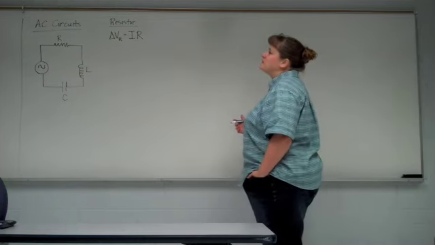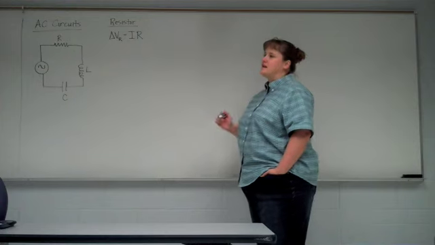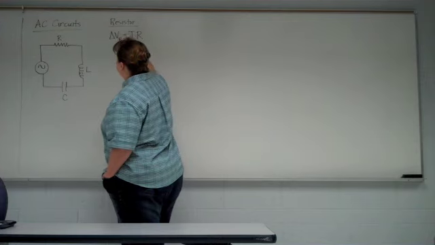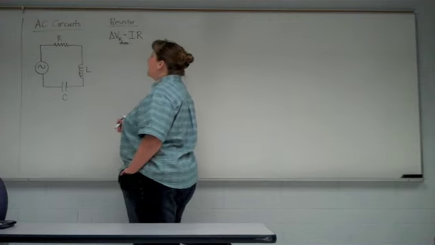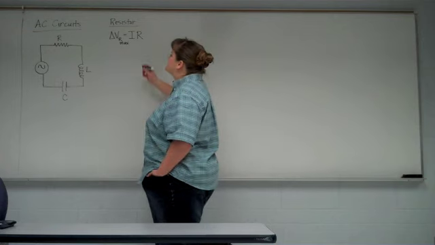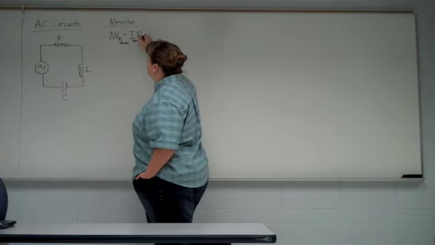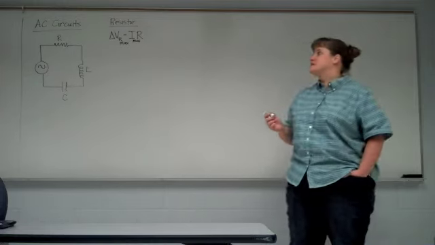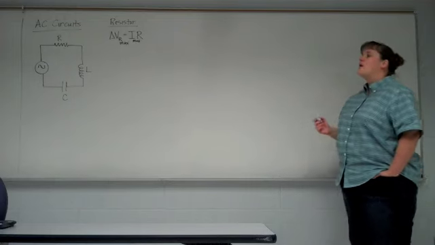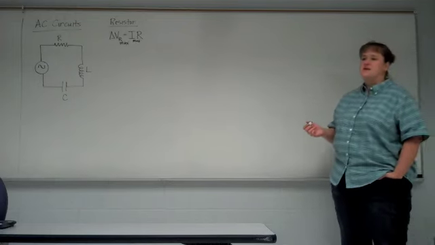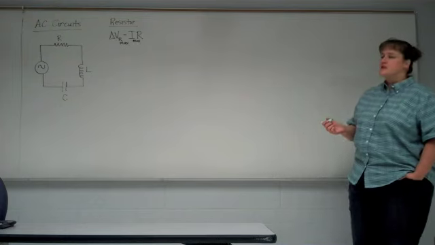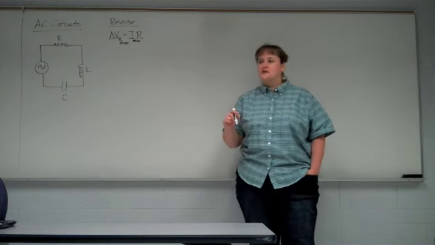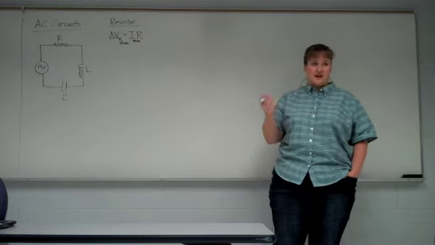Now, we will be most interested in either the maximum value of the voltage drop across the resistor. The maximum voltage drop across the resistor is going to depend upon the maximum current that flows through the resistor times the resistance. Or we may be interested in the RMS value. So just like with the electric field and magnetic field, we're going to talk about RMS as if it were an average.